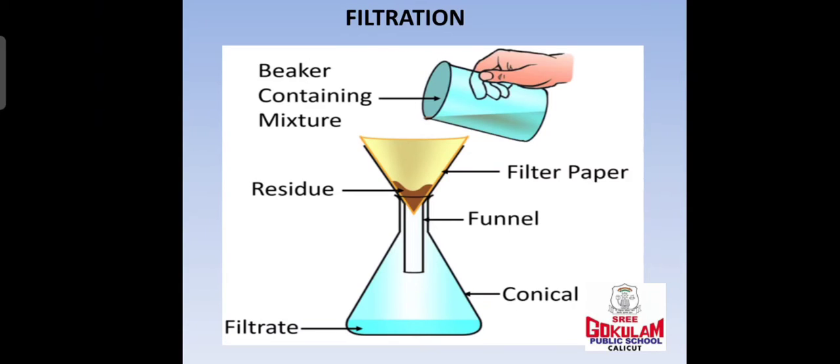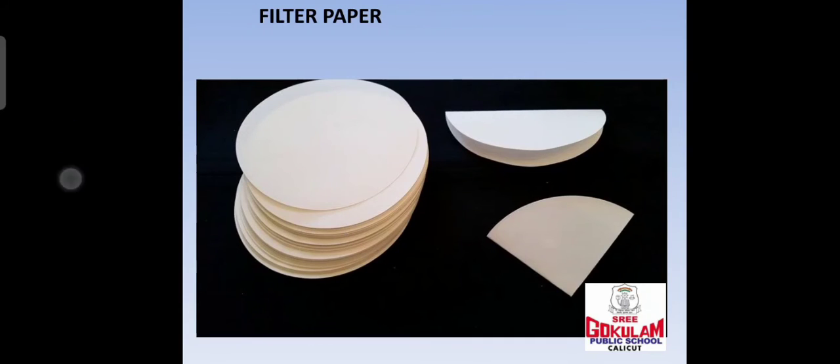Filtration can be done by using a filter paper. Now we can learn how to fold a filter paper. Take a filter paper and fold it into half and then into a quarter. Open it to make a cone.